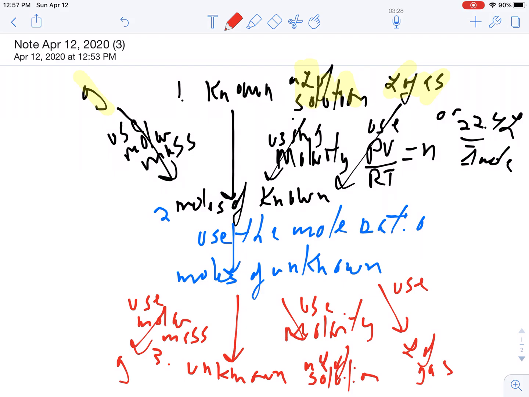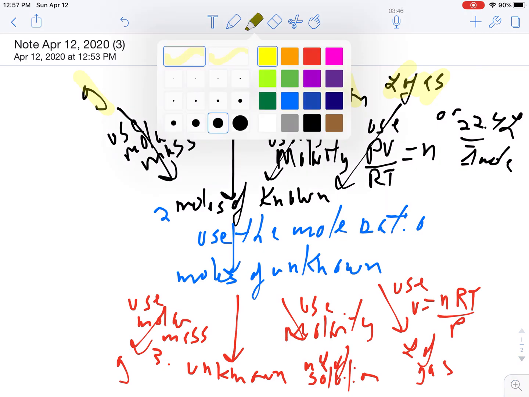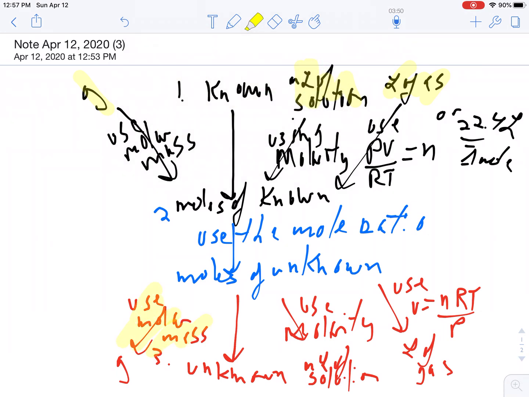And for trying to get to volume, the algebra would then change. Okay? So there are three different ways to convert to your unknown.